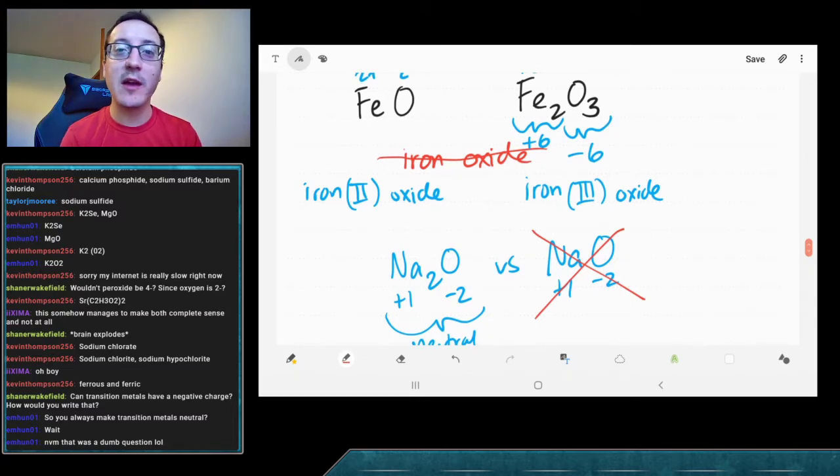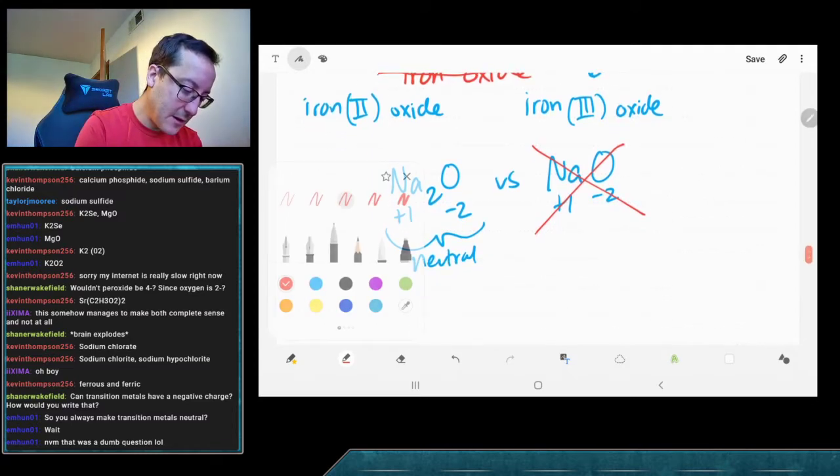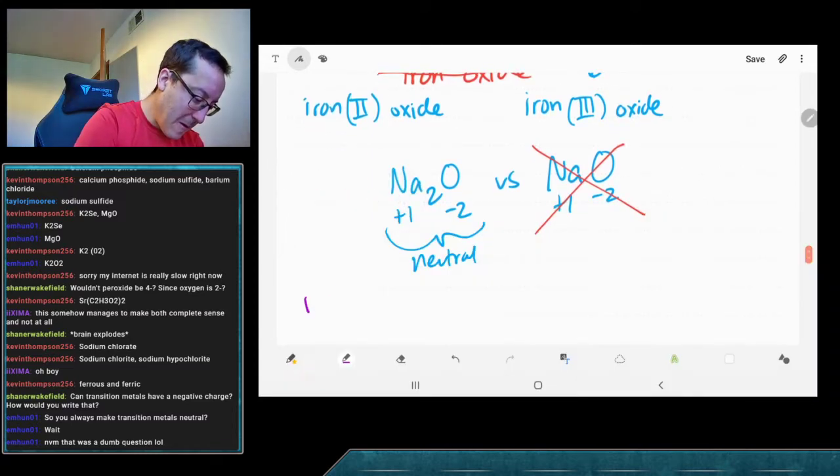Alrighty, so when we have a metal that has a variable charge, meaning most transition metals, we have to put the charge in parentheses. So I'll put that in purple.